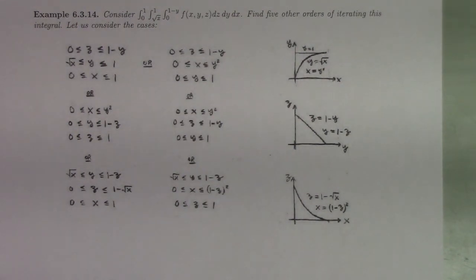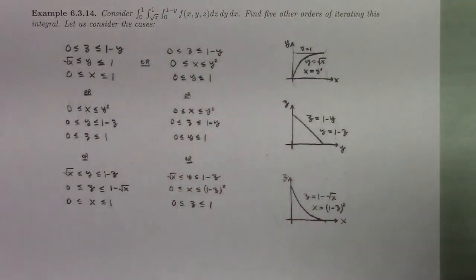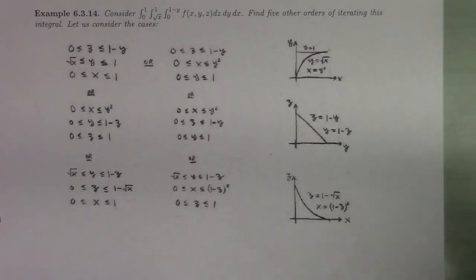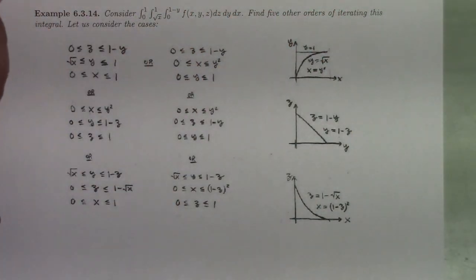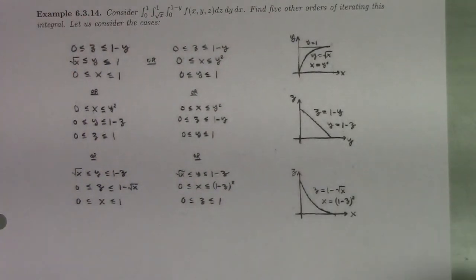Now, not all 3-dimensional shapes can be cut like that, right? Generally speaking, a more interesting 3-dimensional solid you won't be able to describe by a set of 3 inequalities. You're going to have to chop it into little blocks, and those little blocks you'll be able to describe by a set of 3 inequalities, and this one by a different set of 3 inequalities. Then you do the integration over this piece, and over that piece, and you add them together, right?